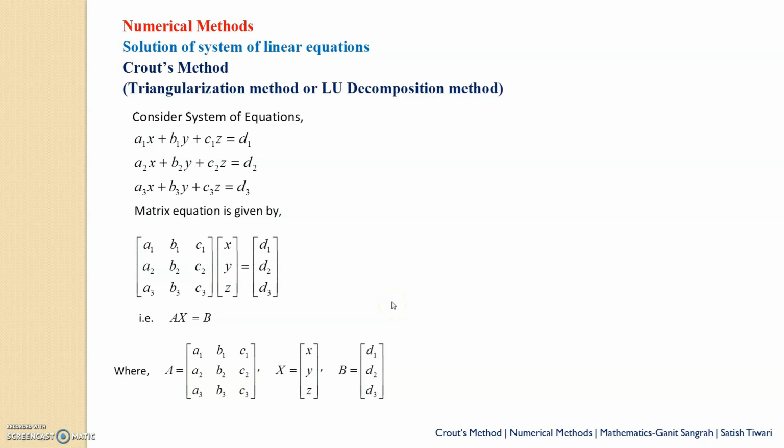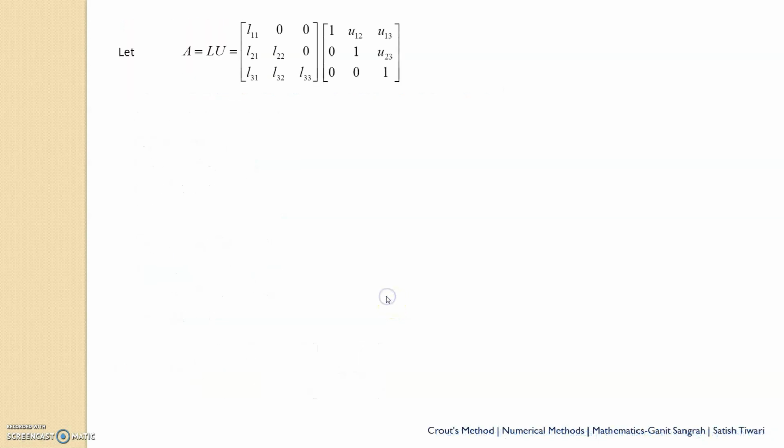Now our procedure started. So first of all I take A as a combination of L and U. So L stands for lower triangular matrix and U stands for upper triangular matrix. Now how is it a lower triangular matrix? It is L11, 0, 0, L21, L22, 0, L31, L32 and this is L33. So a triangle is forming in the lower section.